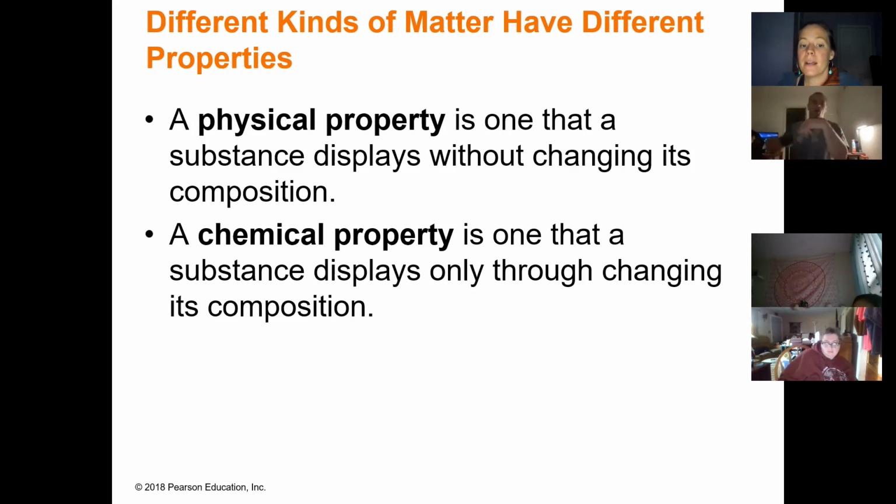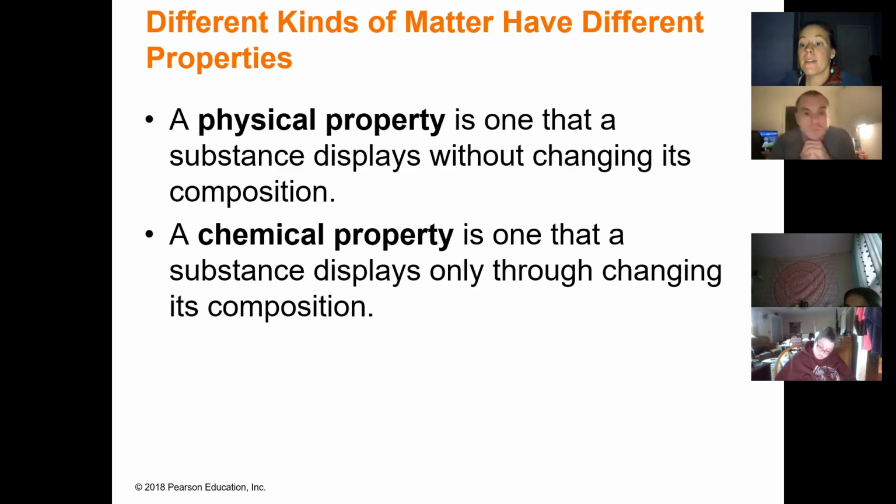A chemical property, on the other hand, is something that you can only observe if the material itself changes. So let's talk about gasoline. The odor of gasoline is a physical property. If you spill gasoline on your hand, the gasoline isn't having to become something new for you to smell it. It's just turning into a gas and then hitting the receptors in your nose.